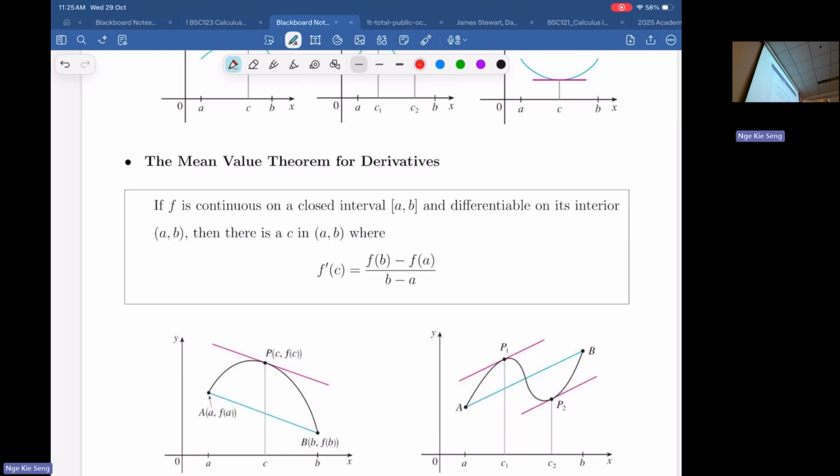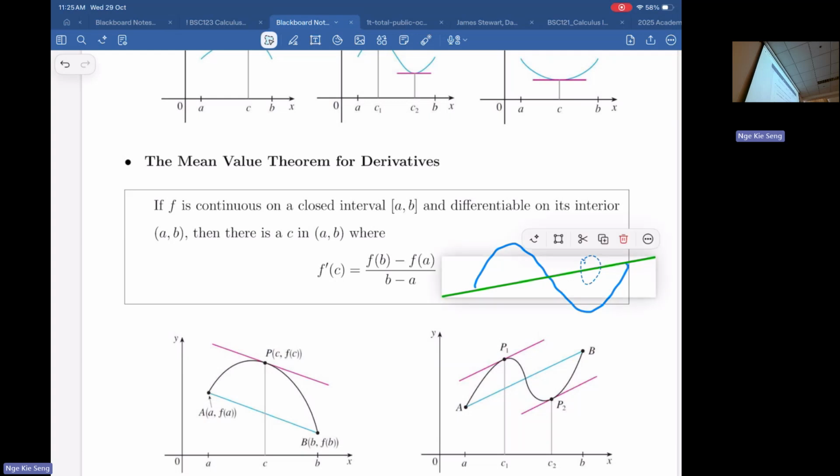Maybe I can draw a version that can tilt so that you can see what I am talking about. How about I draw this, okay, and then this. So the idea here is if you are continuous, you can find another tangent line with the same derivative.